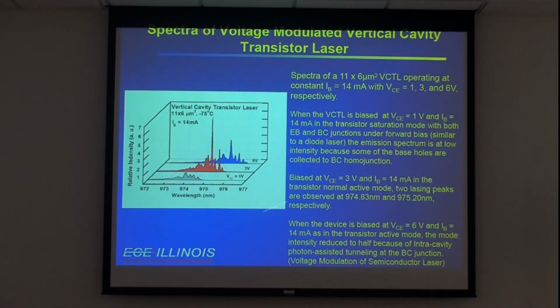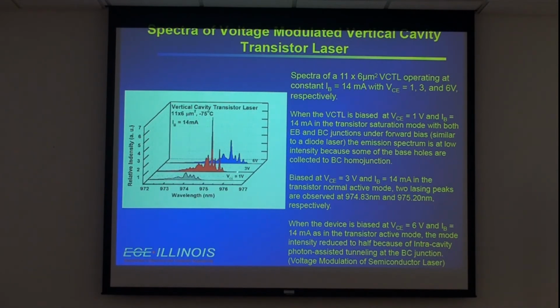And at VCE equals 1, actually it was in the saturated region. You have to understand that in the saturated region, BC is a forward diode. But in our case, the device BC is a homojunction, so there's no confinement. Holes will inject into the collector, so it becomes inefficient.